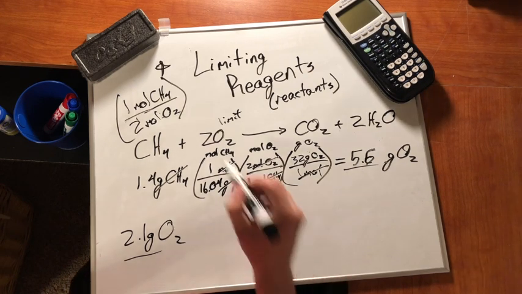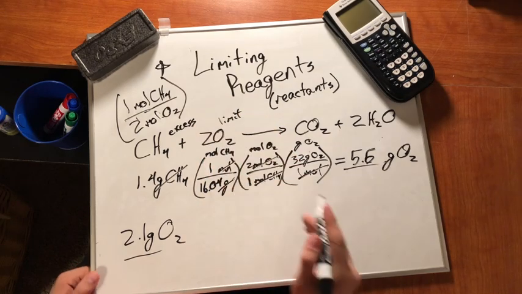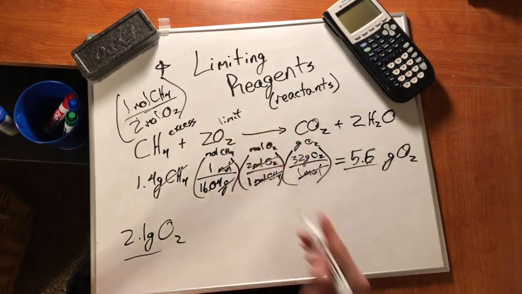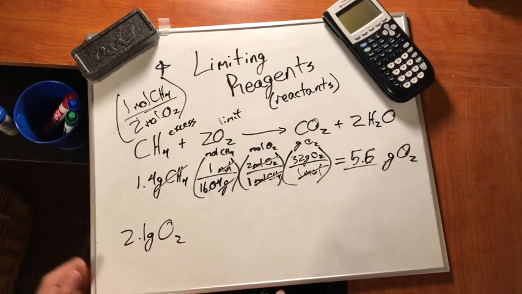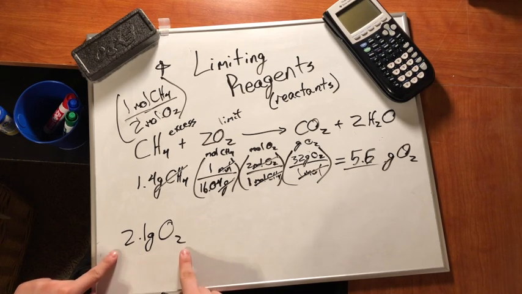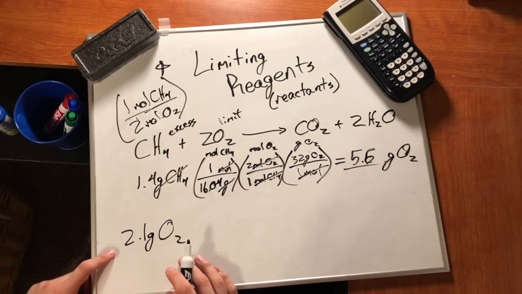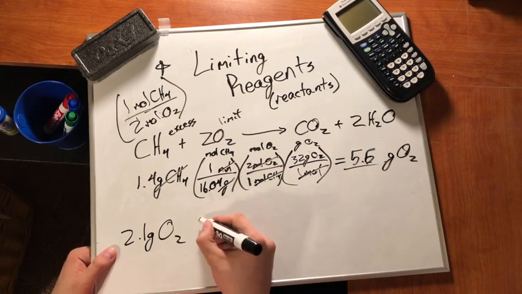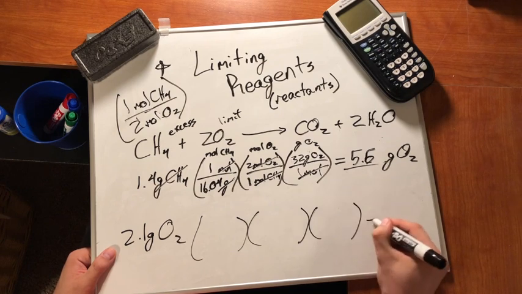Which means I'm going to have an excess of methane. So we figured out O2 is my limiting reagent. Let's figure out how much methane we're going to have left over. We're going to use up all of our oxygen because it's the limiting reagent, and we're going to have some of this left over. So let's figure out how much of that we're going to use. We can do the same process where, given this amount of O2, we can calculate how much methane we're going to use up.